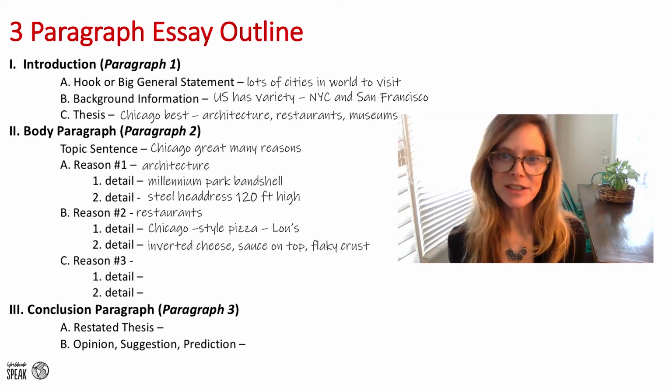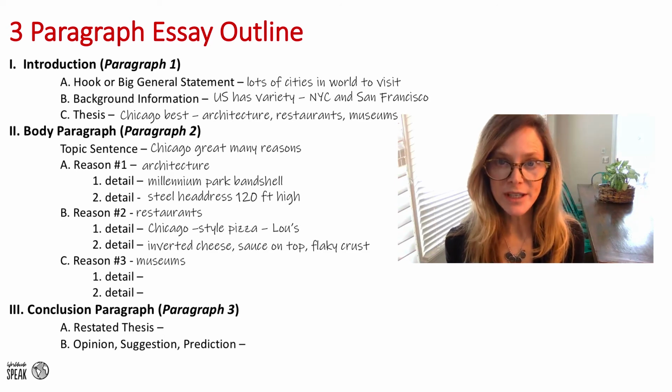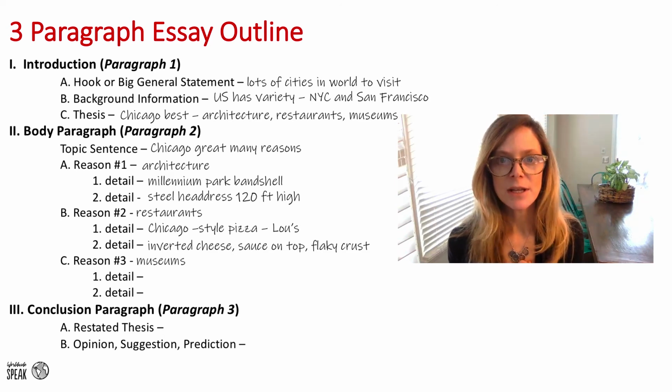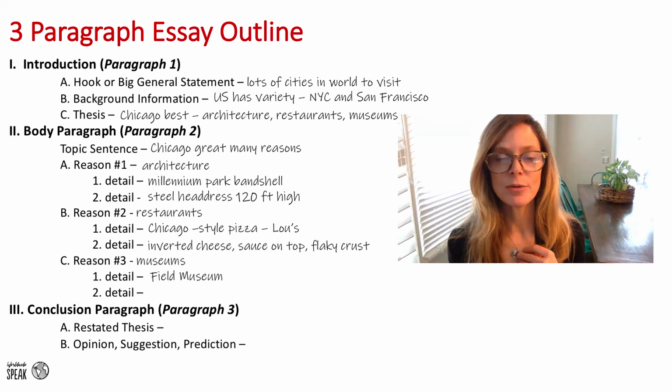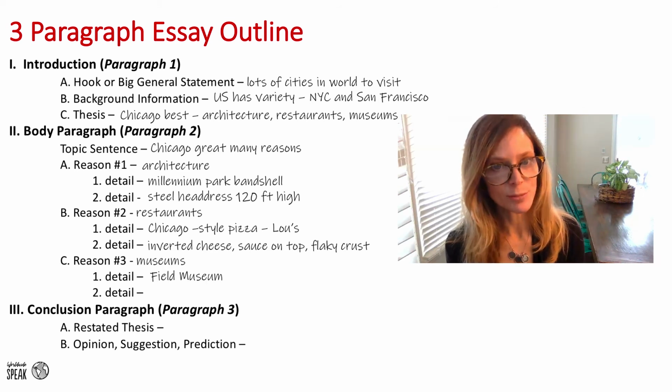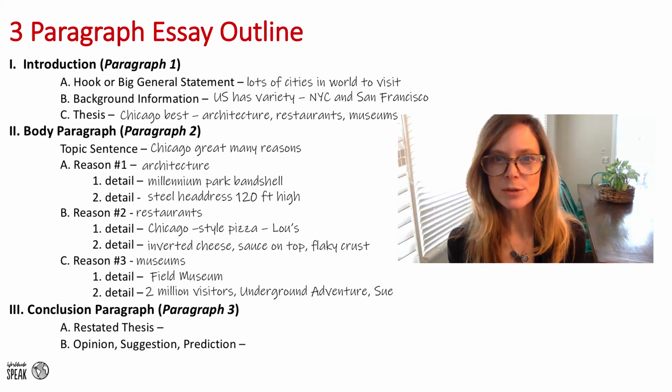And then the last reason is we're going to talk about museums. And I want to be very detailed again, so I talk about my favorite museum, the Field Museum of Natural History, and then I'm going to talk about why this museum is so cool and you need to visit it.